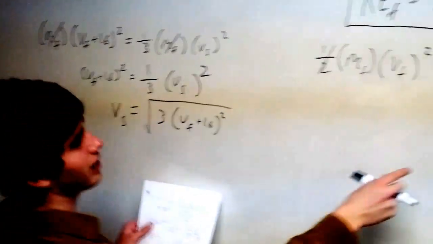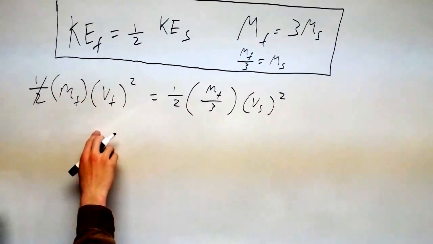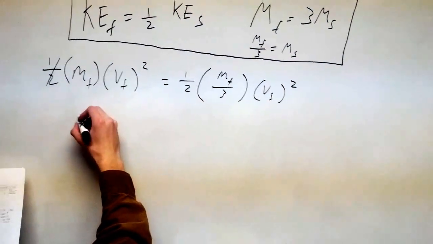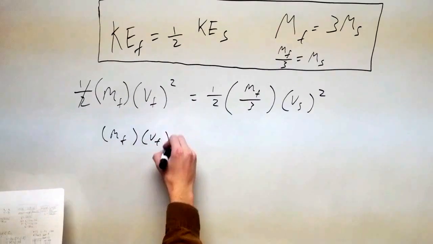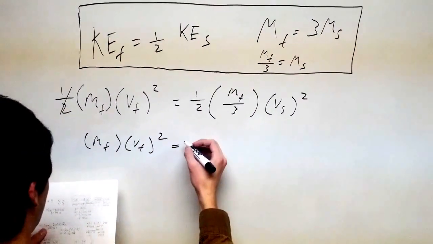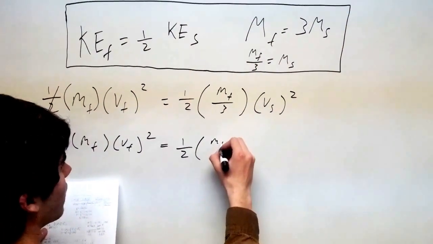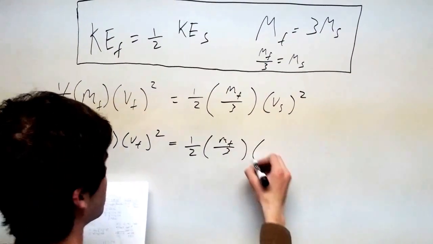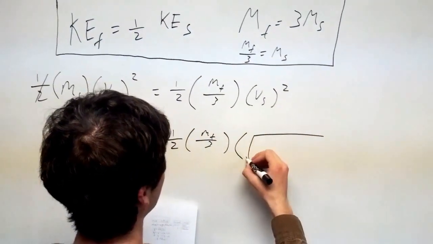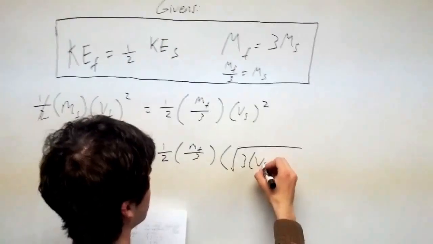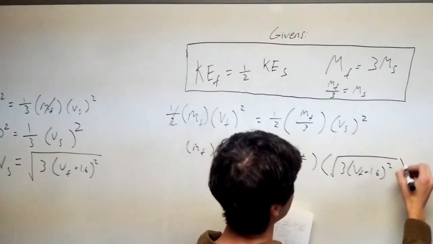So we can plug that back into this equation to solve for the velocity of the father. So we have mass of the father times the velocity of the father squared equals 1/2 times the mass of the father over 3 times, and this is where we substitute for Vs, so times the square root of 3 times velocity of the father plus 1.6 squared.